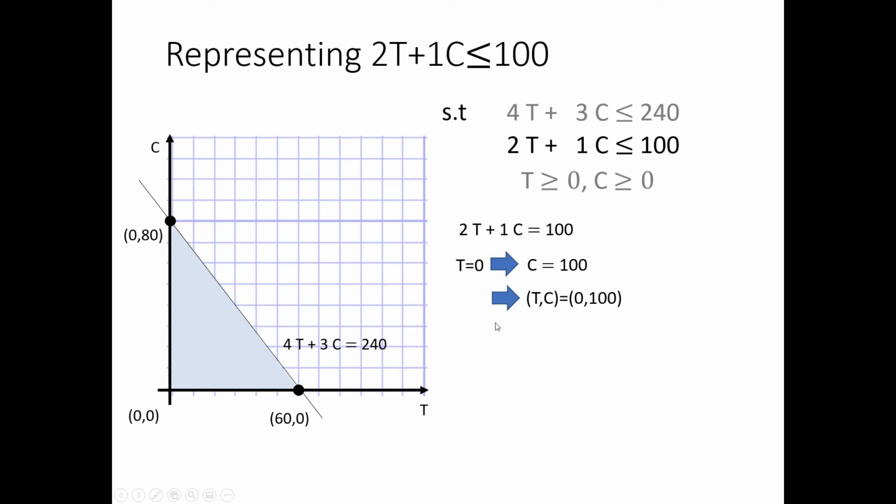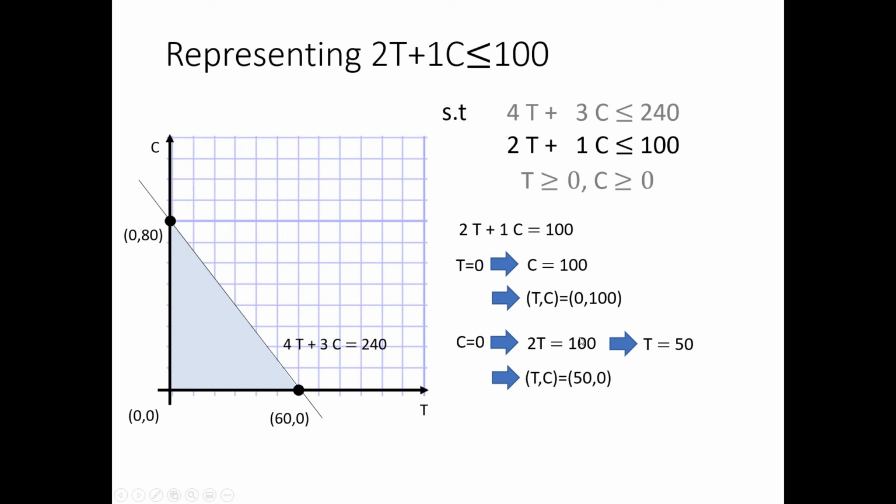Now I'm going to move on to find the second point, but this time I'm going to set c to 0. Again, you can choose different numbers. I'm picking 0 because it's easier to calculate. Plugging this into here, I get 2t equal to 100 or t equals 50. So I have identified another point, 50, 0.